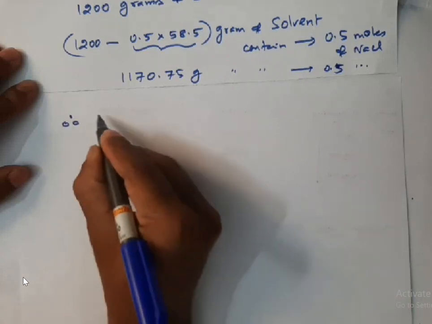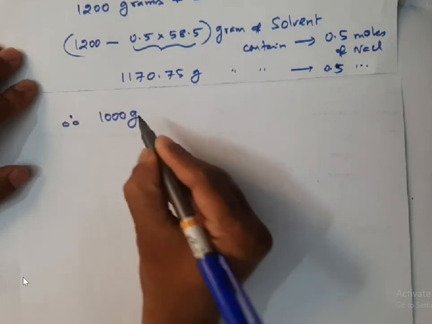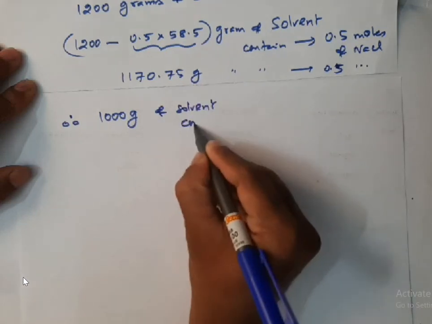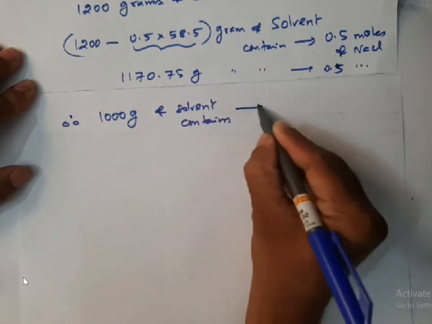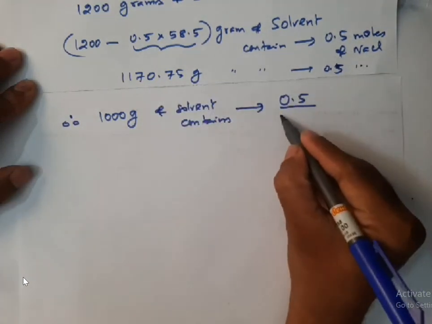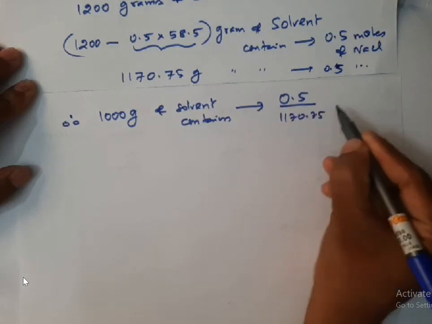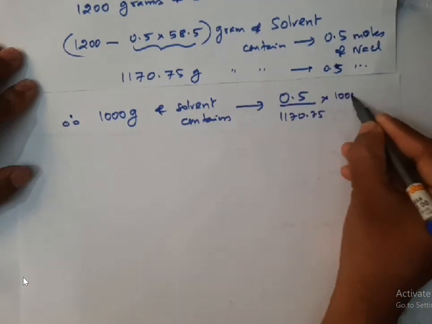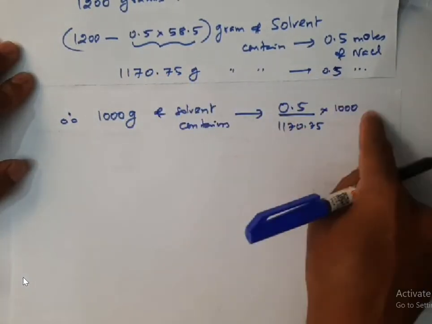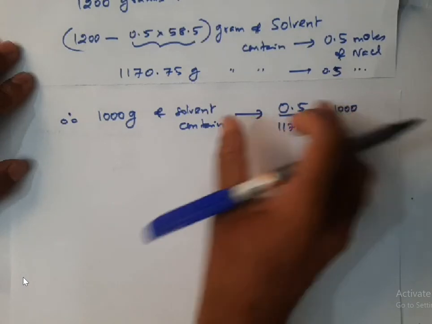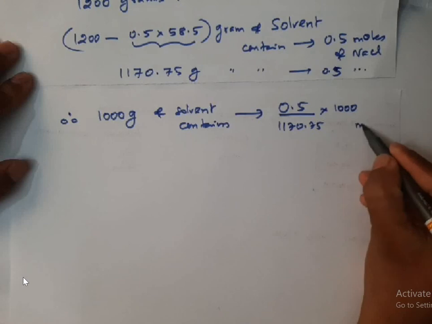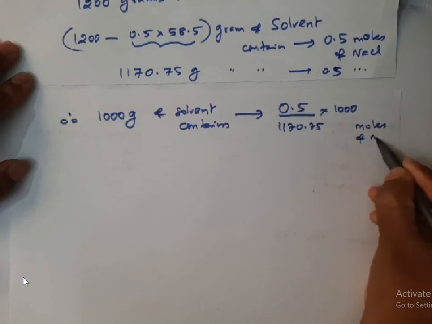Therefore, 1000 gram of solvent contains how much? Very simple. Just take 0.5 divided by 1170.75, into 1000. That will give you the number of moles of sodium chloride in 1000 gram of solvent.